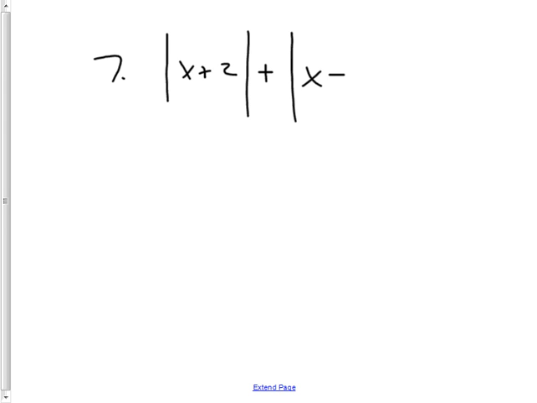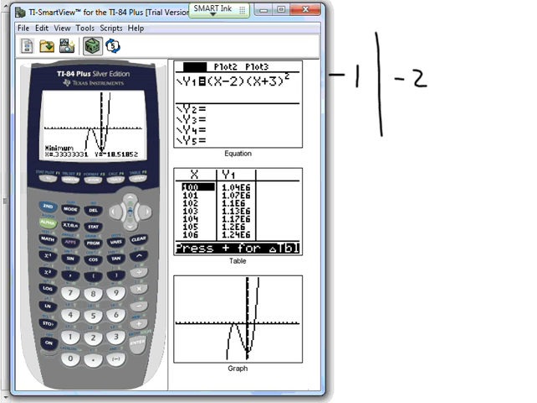Minus what? Okay. Like that. Okay. I have no idea what this looks like. But with a calculator, you type it in. Can you describe to me what it looks like? All right, I'm just going to type it in quick.